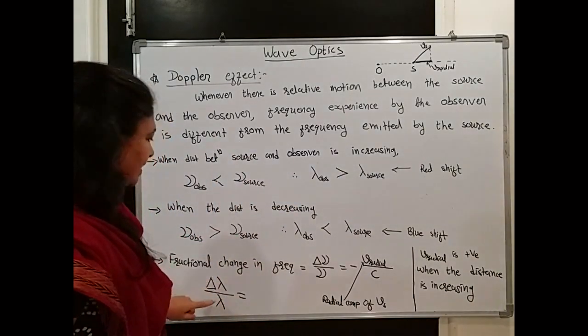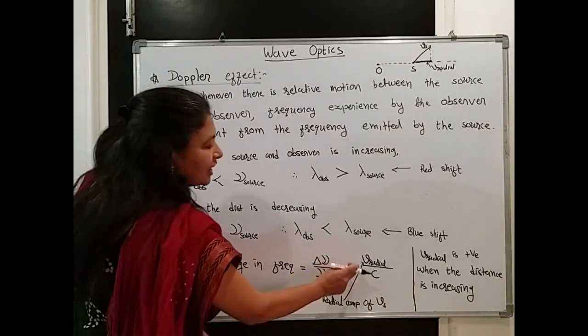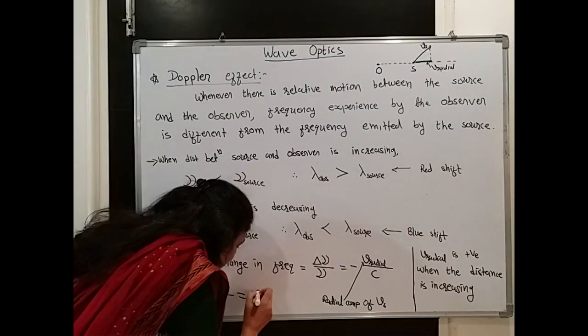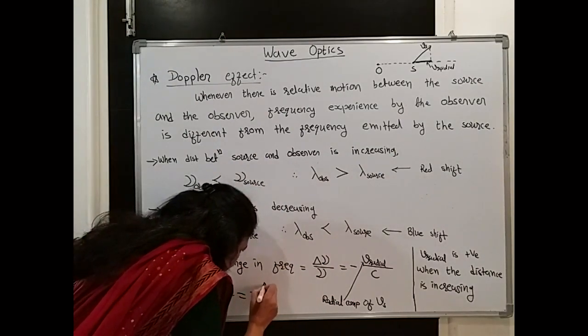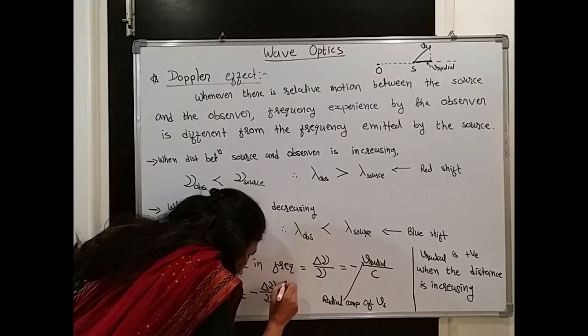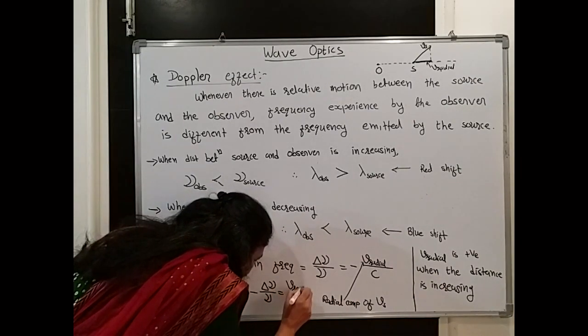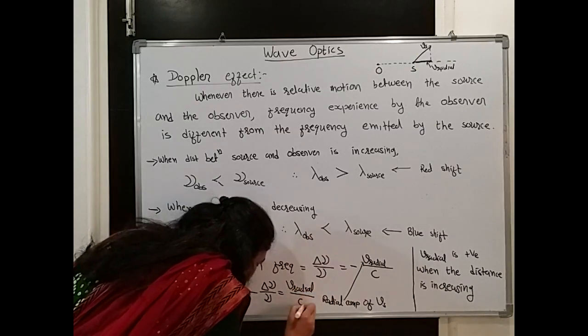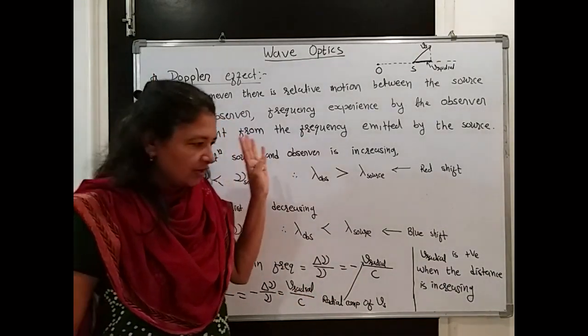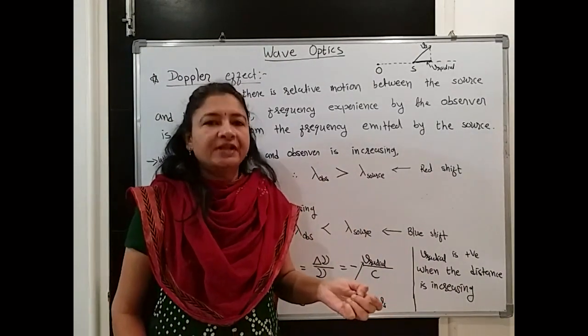So in case of delta lambda by lambda, we will not have this negative sign. So delta lambda by lambda is equal to minus delta nu by nu. Okay, that means it is equal to V radial upon C. So all this is regarding Doppler effect. Now we will proceed to the next topic.